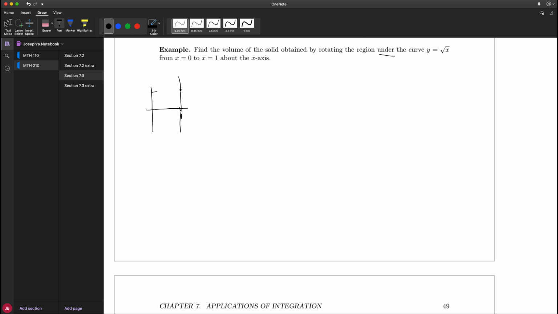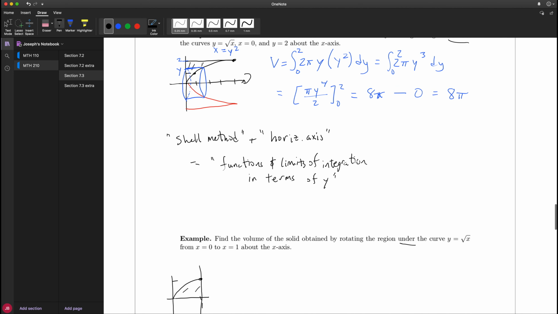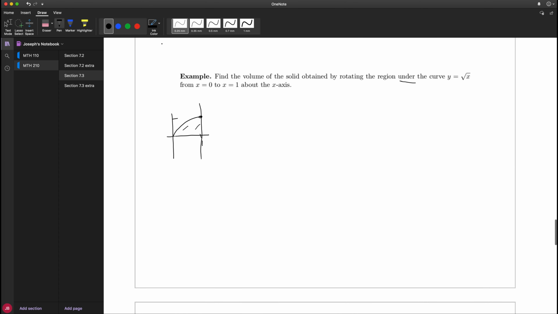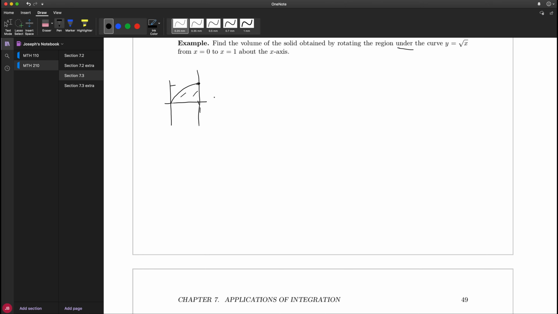The square root of x goes from 0, 0 to 1, 1. And it's the region under this curve, class. Notice the difference between this problem and the last. Here the region was not under the curve, it was sort of above it, whereas here the region is under the curve. And we're going to take this and spin it about the x-axis.